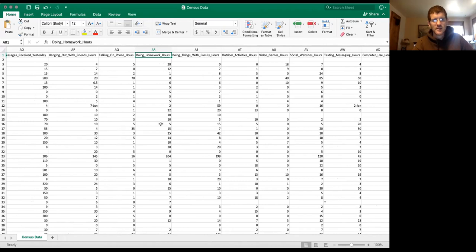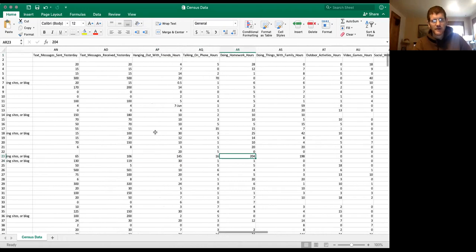So maybe you want to say, is there a difference in the amount of time high schoolers spend on homework in Arizona versus New York? So now I can say, I'm going to take a random sample of the Arizona students and a random sample of the New York students, and then I will have that data set to compare.